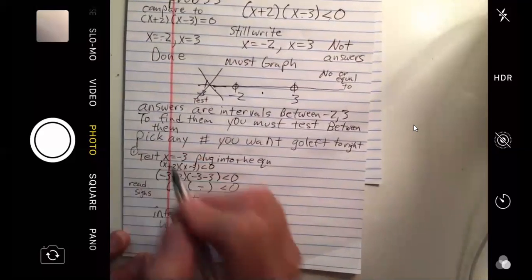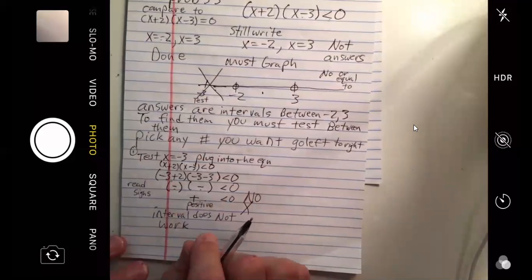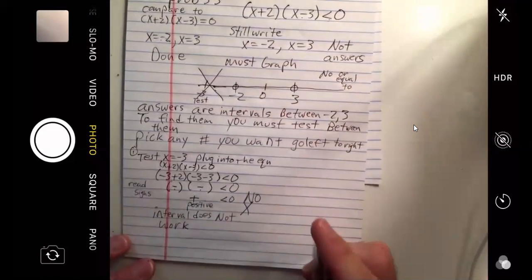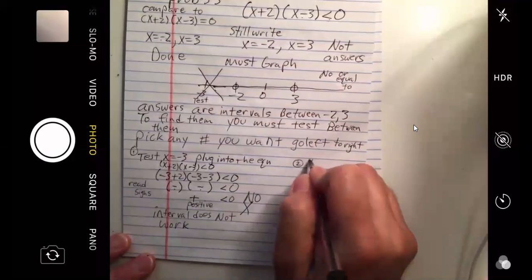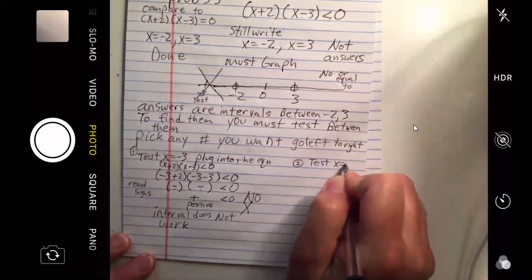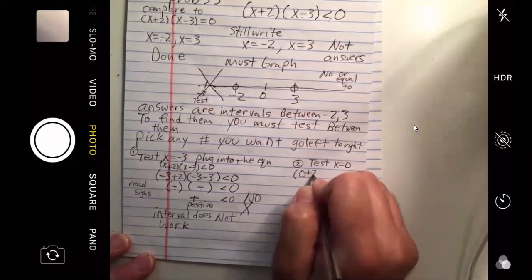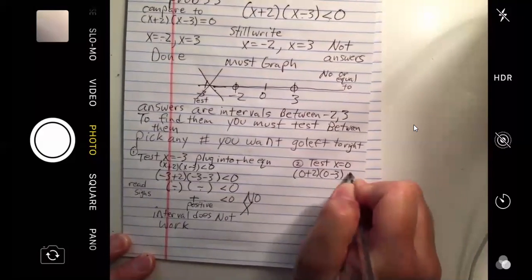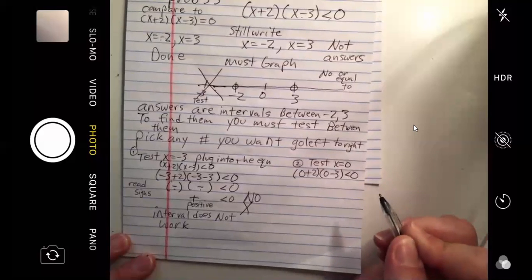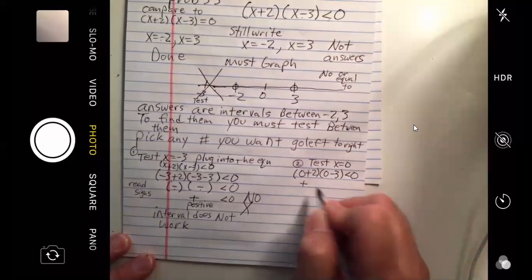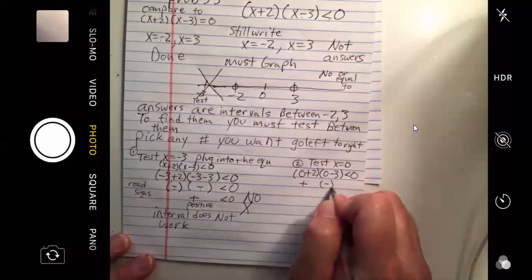All right, maybe I don't have to write out all these details on the next one. I'll go 0. I always like 0. If an interval has 0, 0 is easy to test. So on the second one, I'm going to test x equals 0. I will get 0 add 2, 0 minus 3, less than 0. 0 plus 2 is positive. 0 minus 3 is negative.